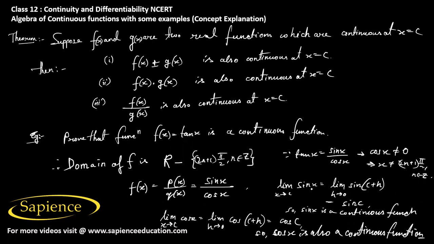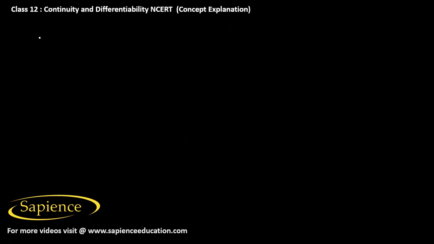So since both sin x and cos x are continuous functions, here we have the rule that if f of x and g of x are continuous at x equal to c, then f of x by g of x is also continuous at x equal to c. So now, therefore, we can say that tan x is a continuous function.